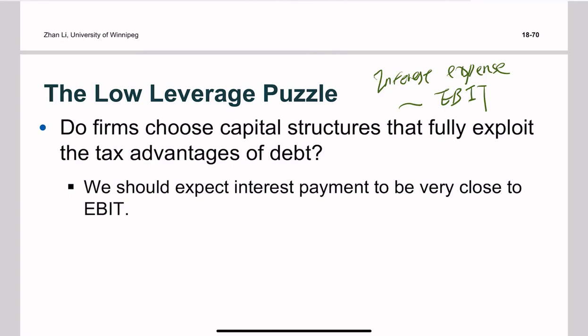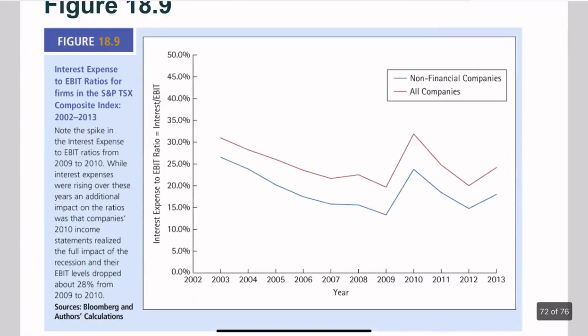But you should imagine that maybe interest expense should be close to 80% of EBIT, something like this. At least you're expecting a large percentage, such as 80% or 85% of EBIT as interest expenses. But if you look at the data, you can see this is not true.